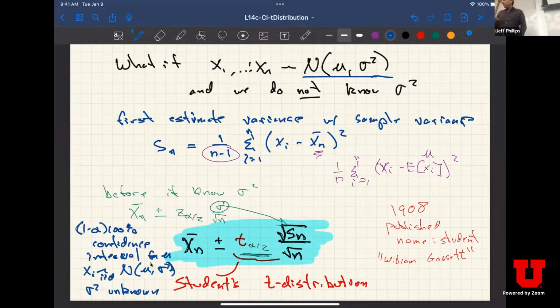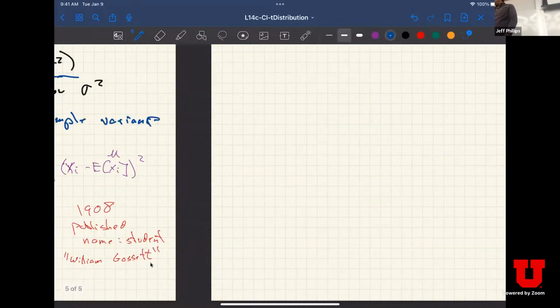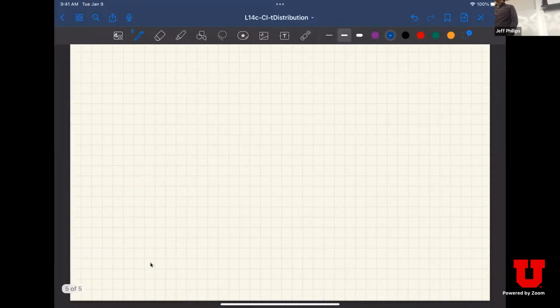All right, so let's look a little bit at what the T distribution is. Before we look at this in R, we often use the T distribution.